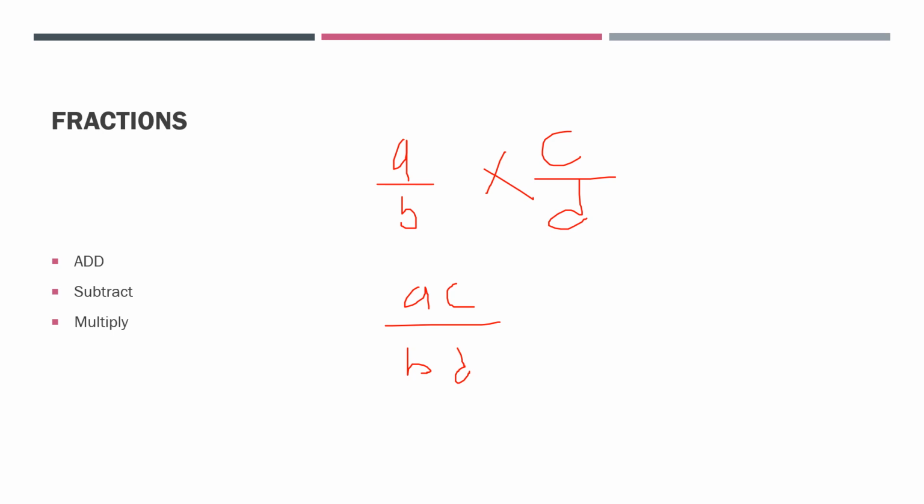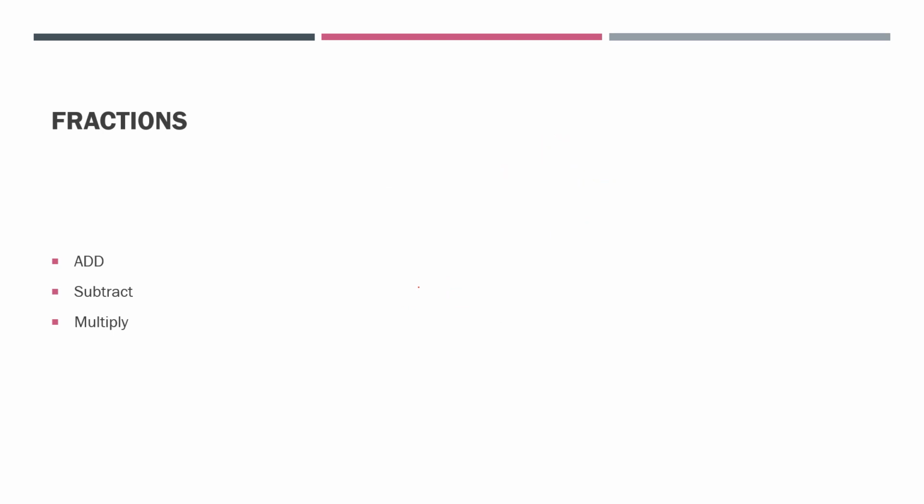Okay, let's say we do now a real number. Let's say we have 2 over 3 multiplied by 4 over 5. So basically we're now going to say 2 multiplied by 4.